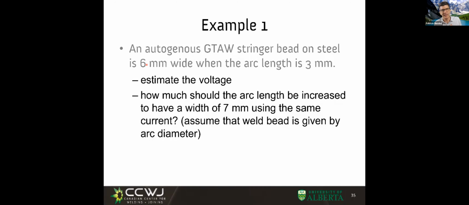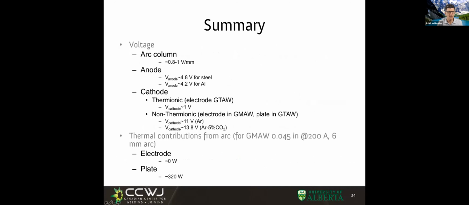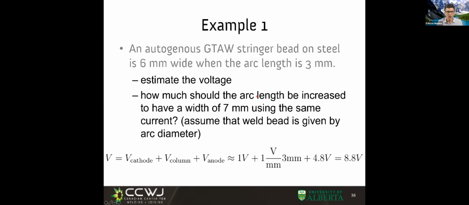But because you took this class, you're going to say, all right, let me think. The welding voltage would be the voltage of the cathode plus the voltage of the column plus the voltage of the anode, because they are the three parts of the arc. For the cathode, it's more or less 1 volt, this 1 volt we had in the previous slides.